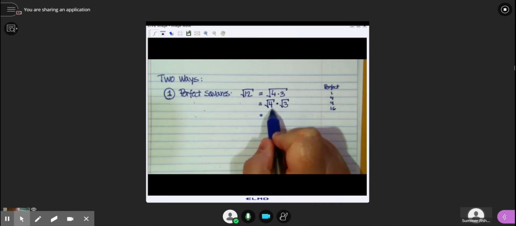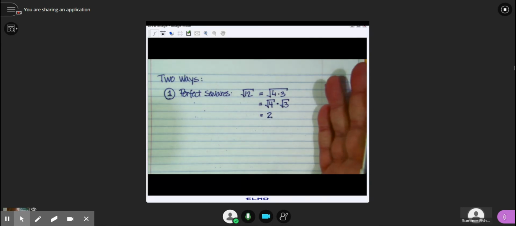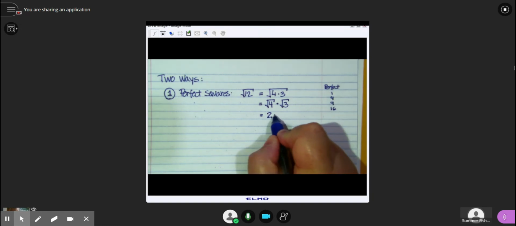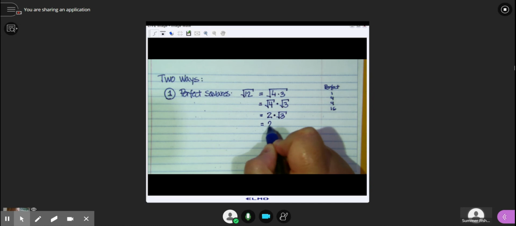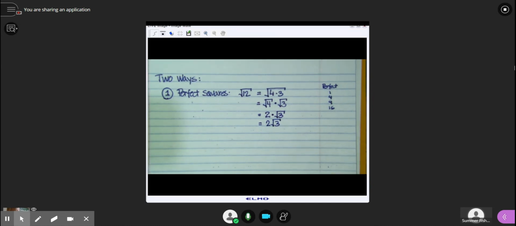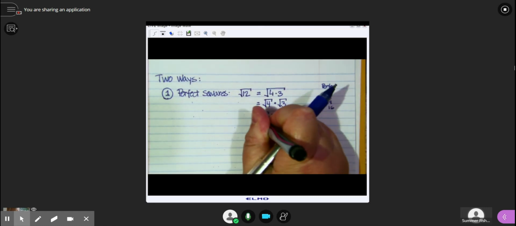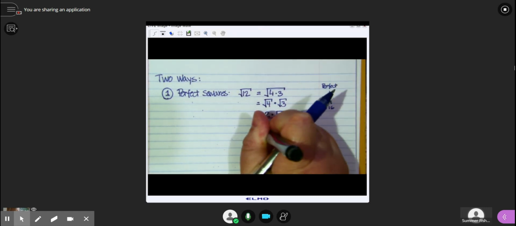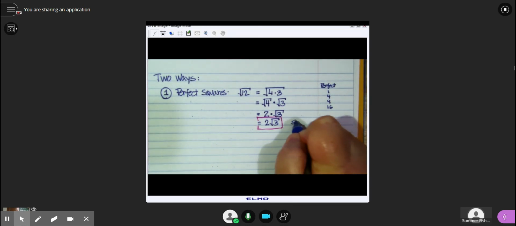The square root of 4 is 2. No square root needed anymore. Square root of 4 is 2. So this would be 2 times the square root of 3, or just 2 square roots of 3. And this is my simplified square root.